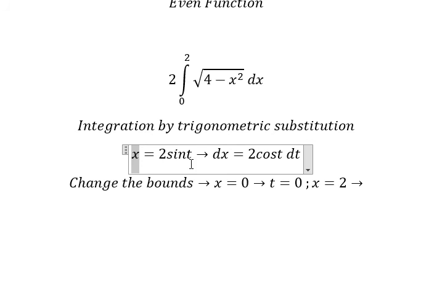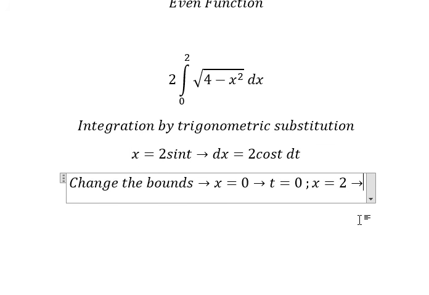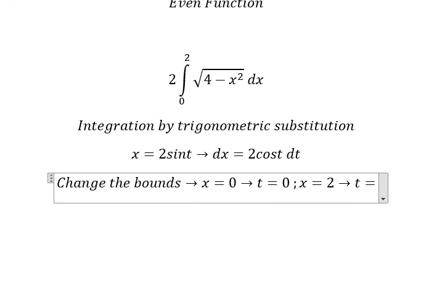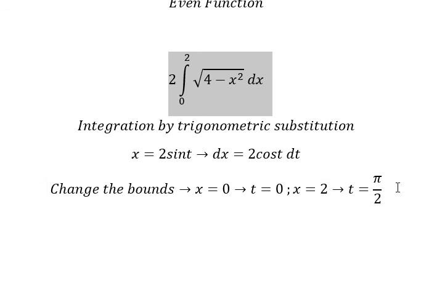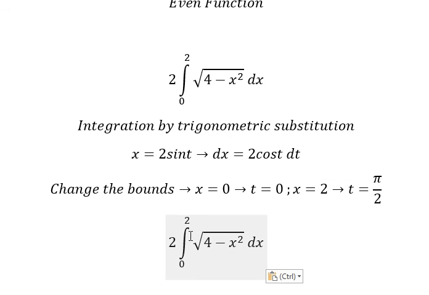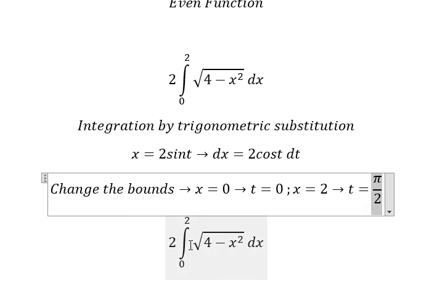We divide both sides by 2, and you get sine t equals 1. And we get t equals pi over 2. So the 2 we change to pi over 2.